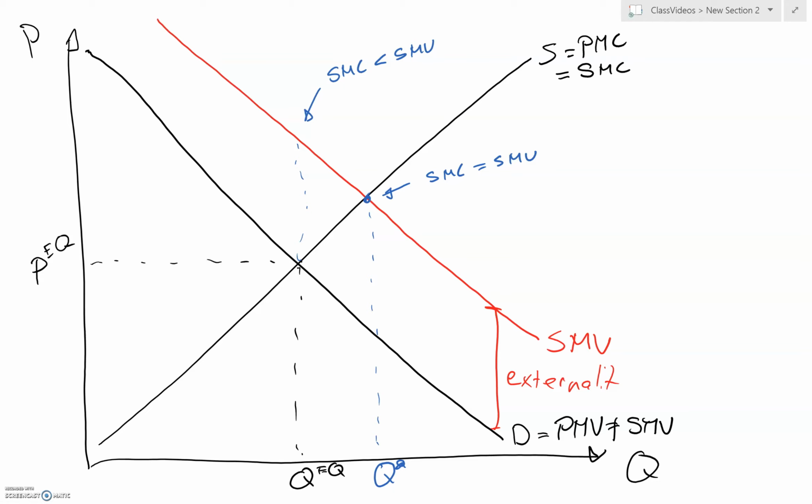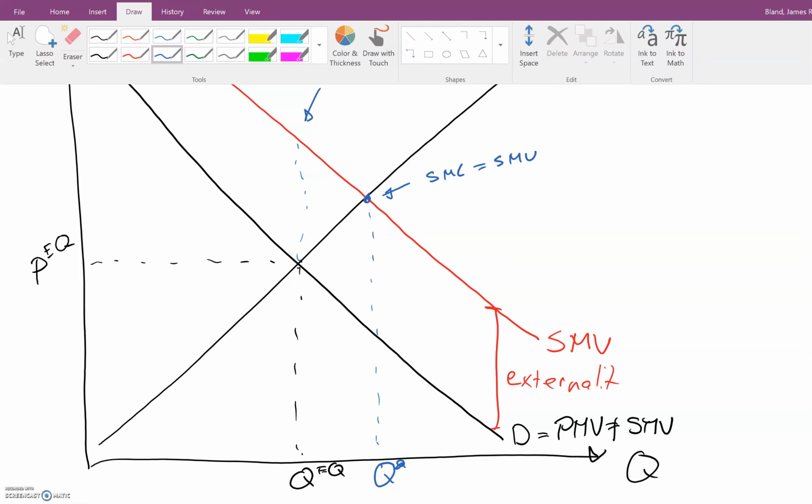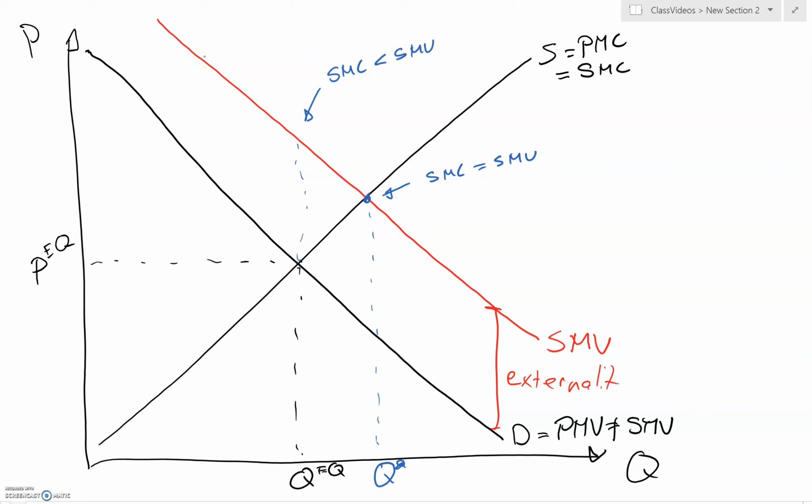Just like the situation we had with negative externalities, what we need to do here is ask, how can the government make the demand curve look like the social marginal value curve? Looking at this graph, the demand curve is too low relative to the social marginal value curve. So the government needs to increase the height of the demand curve.